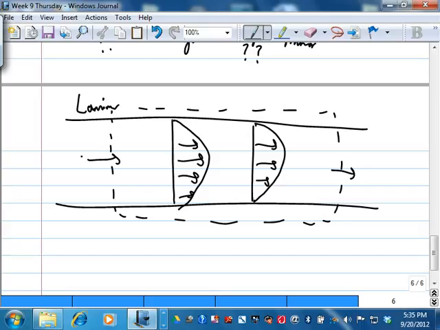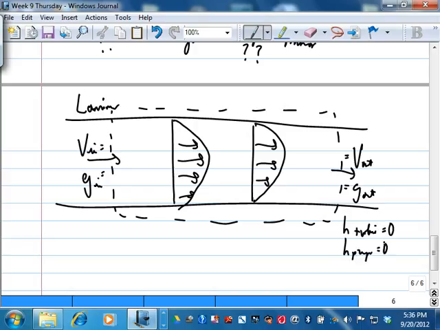It comes in at the same V in, V out, g and g, and they're all equal. V in equals V out, g in equals g out. And now we have head. There's no turbine in this system. Head pump equals 0.